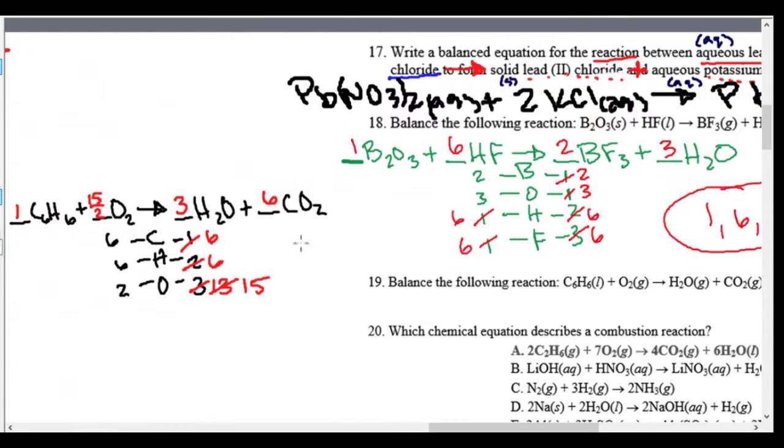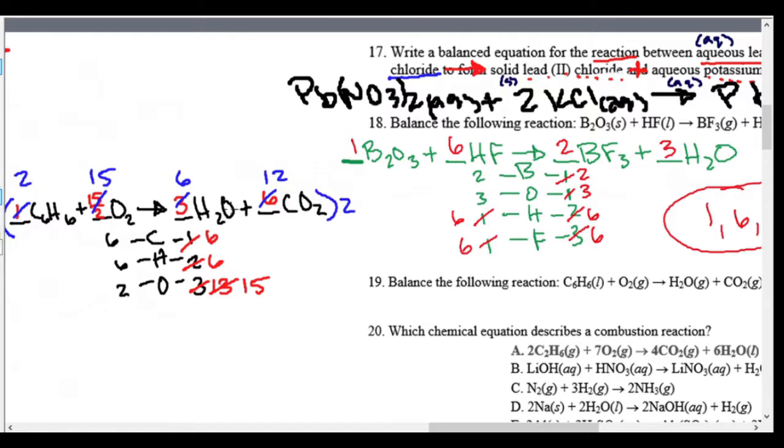If you have a fraction right here, whatever number you need, just put it over the 2. Then you'll see you can't have a fraction, so we're going to multiply this whole thing by 2. And that's going to give us the new coefficients of 2, 15, 6, and 12.